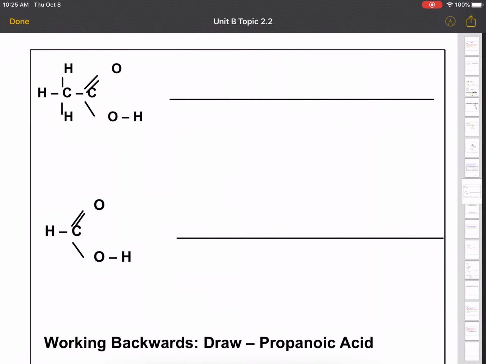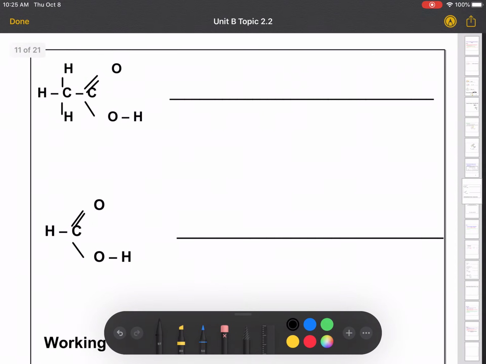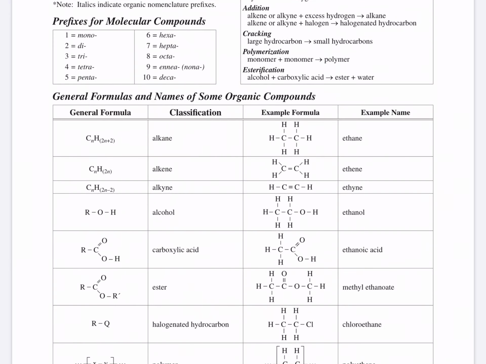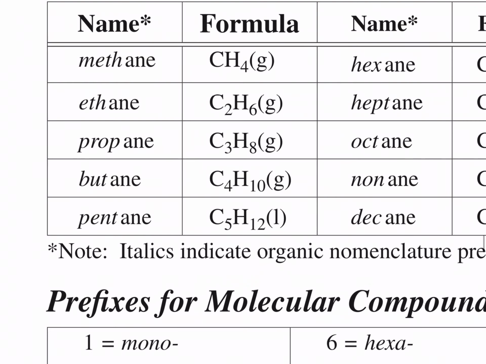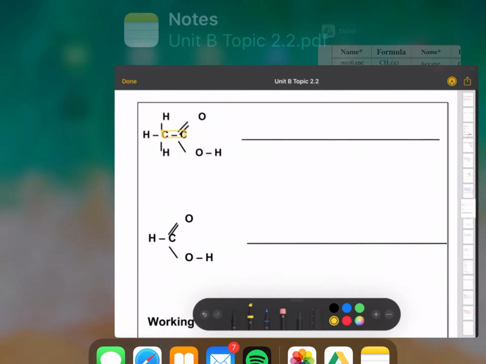So let's try some examples of these. This first one, I don't know why they're doing this one again, but it is a 2-carbon chain. So if we go to our booklet here, a 2-carbon chain is ethane.